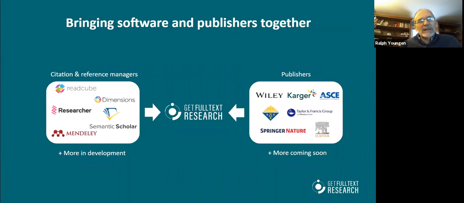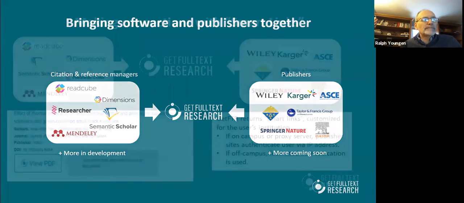In round numbers, we probably have about 15 or so additional integrators on the left-hand side and about the same number of publishers on the right-hand side that are currently working with us in various states of enabling the capability to either call GetFTR from the integrator side or support the response from GetFTR on the publisher side.